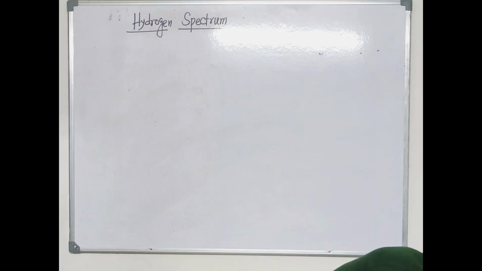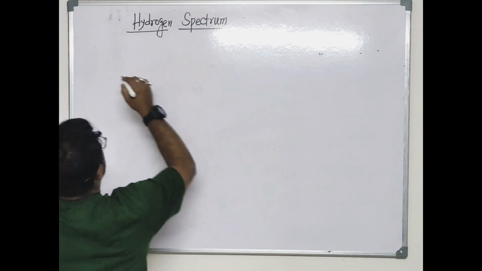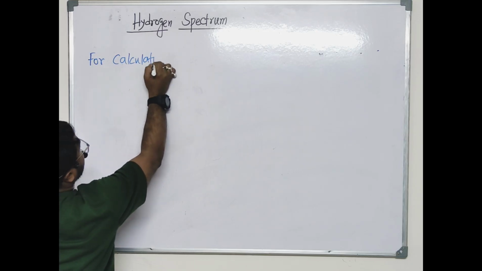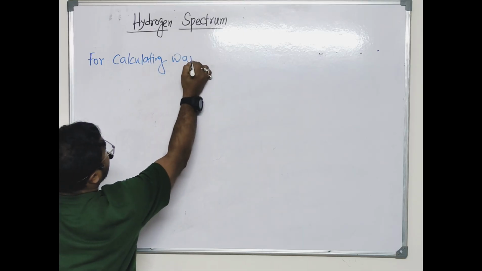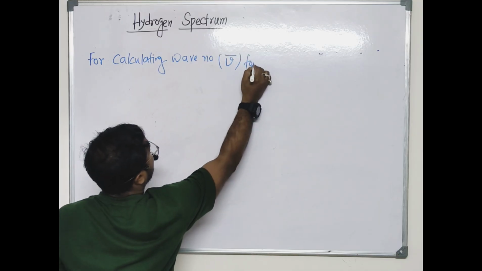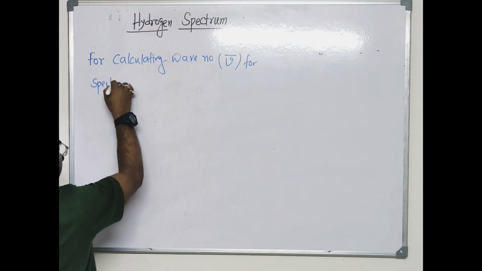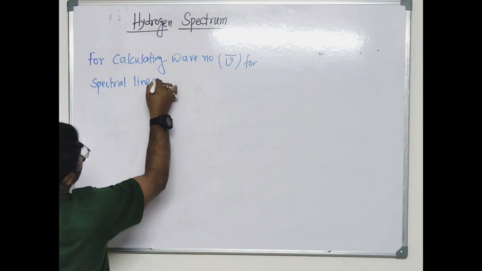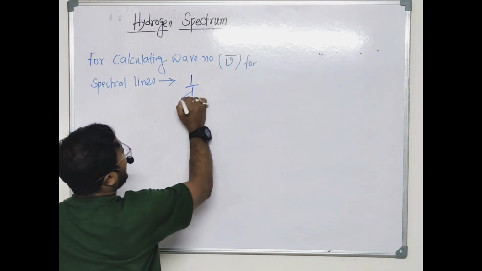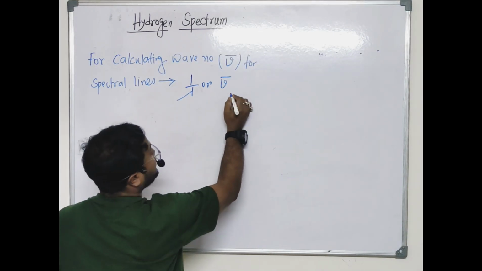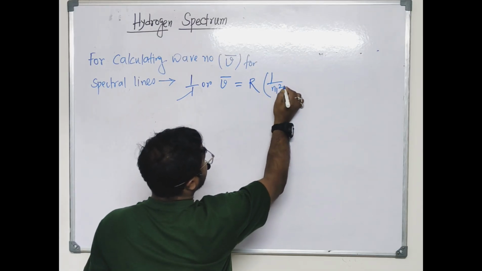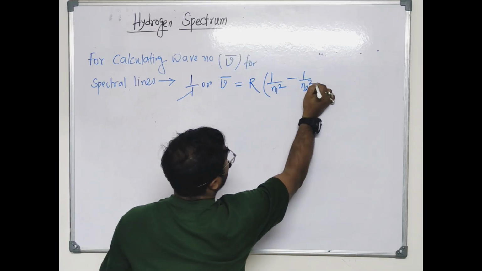Now see, the formula we are using for calculating wave number, represented as V bar, for spectral lines, we can calculate it like 1 by lambda or V bar equal to R into 1 by N1 square minus 1 by N2 square.